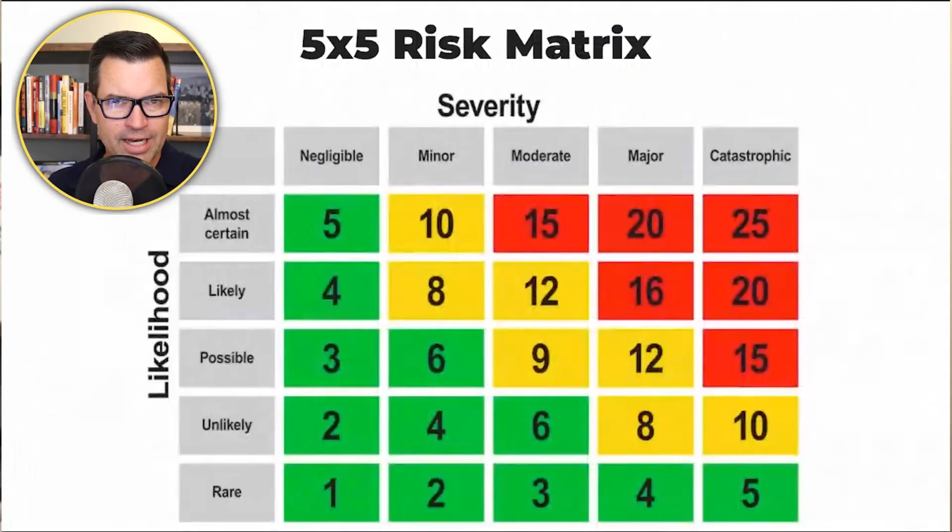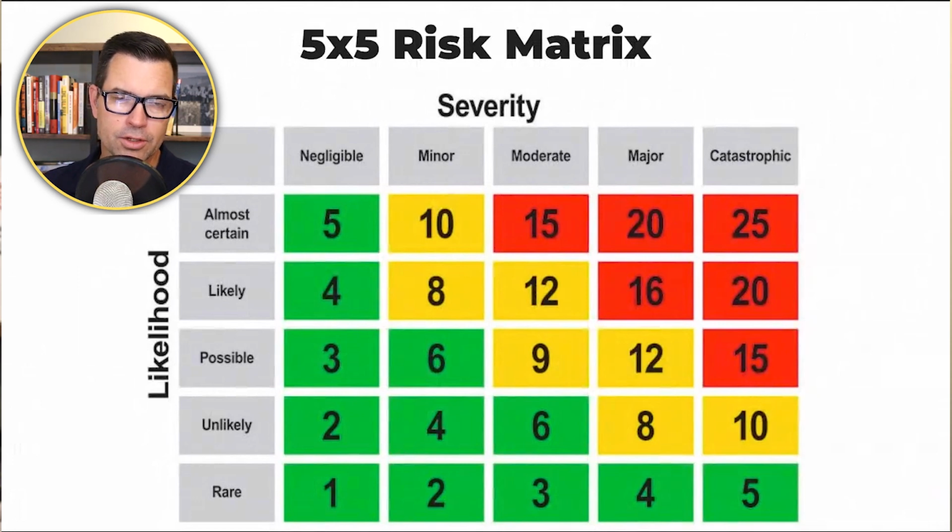So let's dig into this a little more and use another tool to assess business risk, which is the 5x5 risk matrix. This is going to make more sense if you watch the video over on YouTube, but if you're listening to the podcast, you can imagine this. You have a 5x5 matrix, 5 blocks by 5 blocks, and the x-axis, or horizontal axis, is the severity of the problem. How bad is it?